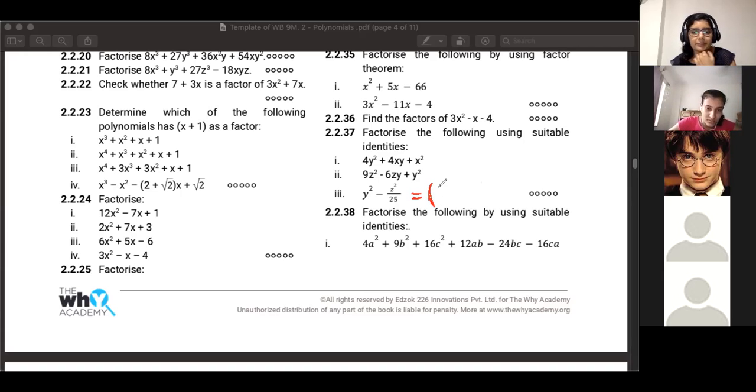So what are my A and B? Like what should I write it as here? Y plus Z by 25, Z by 25, or something else?